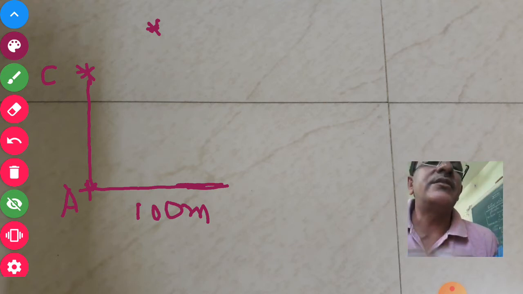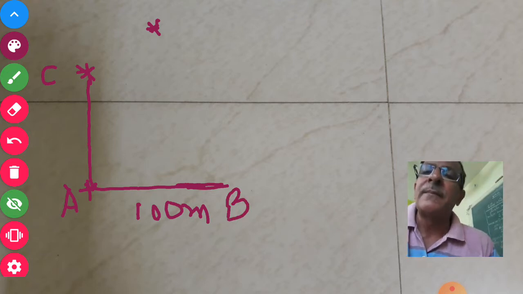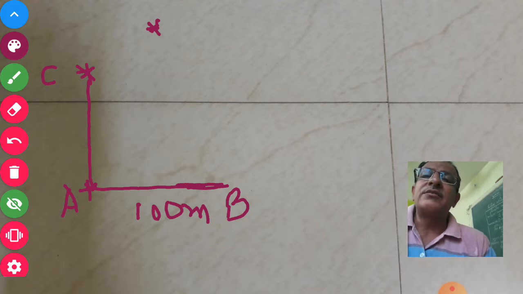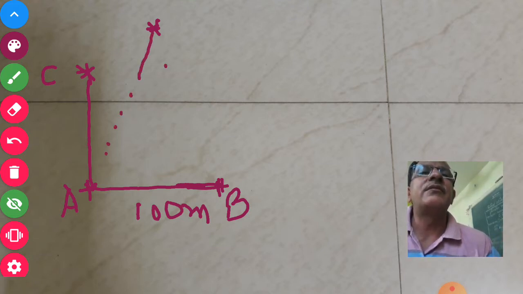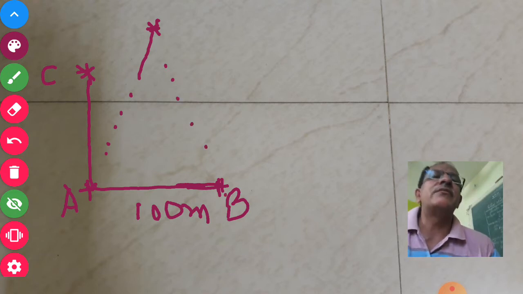Say this is the position of that person after walking 100 meter. Since O is very distant, the direction BO is practically the same as AO. So the direction of AO and direction of BO are as such the same.